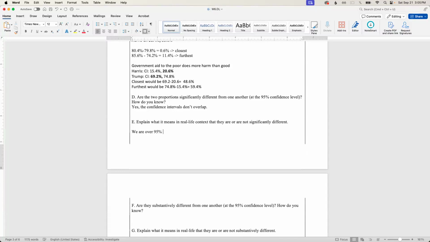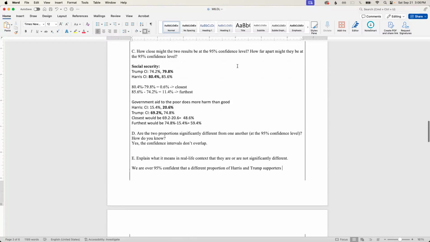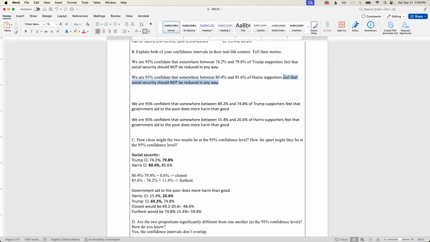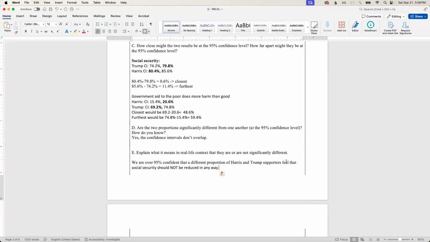So we are over 95% confident that, and here we're talking about all Trump supporters and Harris supporters, not just the ones in the sample, that there is a different proportion of Harris and Trump supporters who feel that Social Security should not be reduced in any way. And likewise, that government aid to the poor does more harm than good.